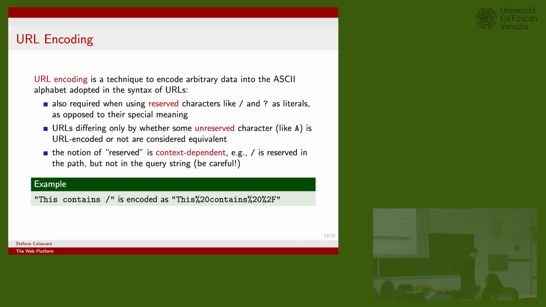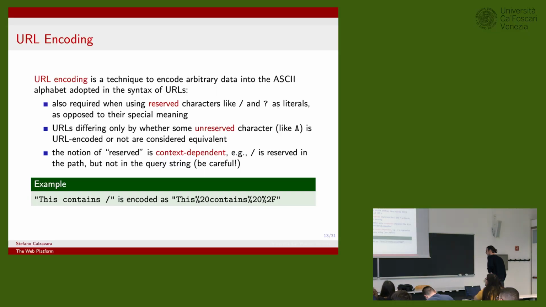Let me discuss an interesting aspect about URLs. As I said, the first interesting aspect is that the syntax is more complicated than what you would expect, and we're going to discuss abuses which leverage exactly the complexity of URL parsing. Another aspect which is interesting to learn is URL encoding. What is URL encoding?